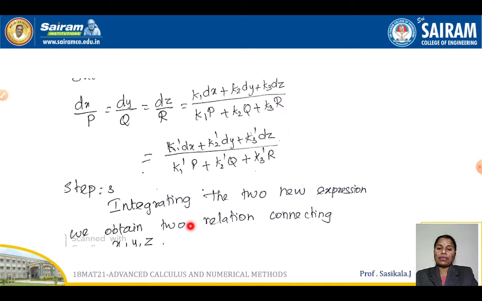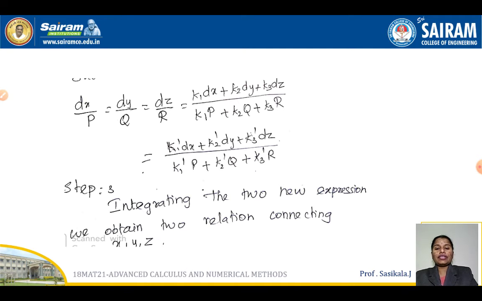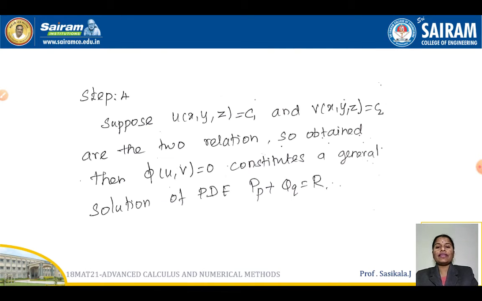Step 3: integrating the two new expressions, we obtain the relations connecting x, y, z. Then the final step, step 4: all the relations you got connecting x, y, z, the equations u of x, y, z is equal to C1 and v of x, y, z is equal to C2, are the two relations.